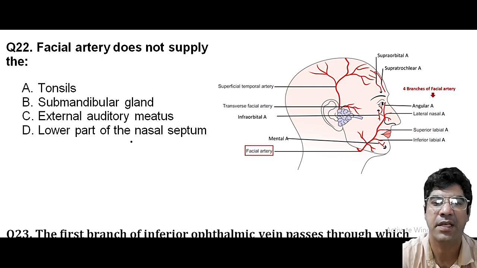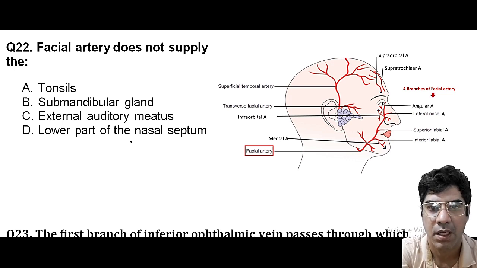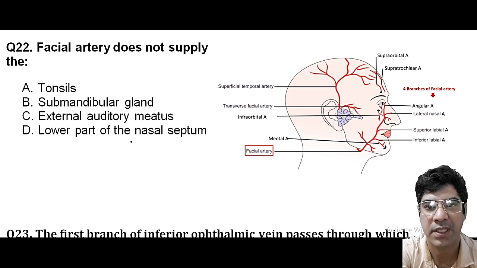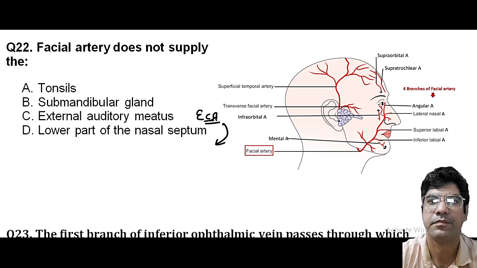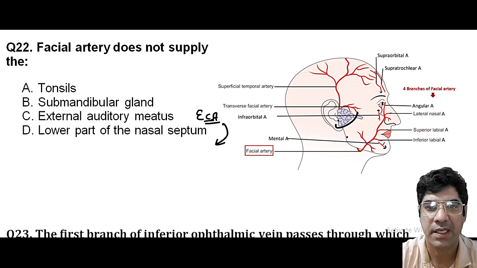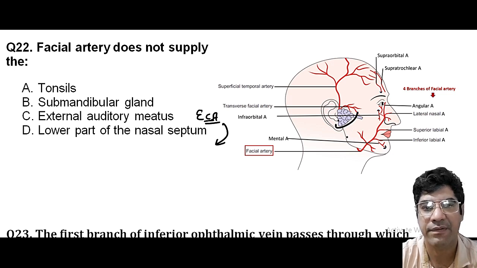The facial artery does not supply the external auditory meatus. The external auditory meatus it is supplied by the branches of external carotid artery, such as posterior auricular artery and superficial temporal artery. The lower part of nasal septum, the facial artery does supply the lower part of nasal septum through branches like the superior labial artery.